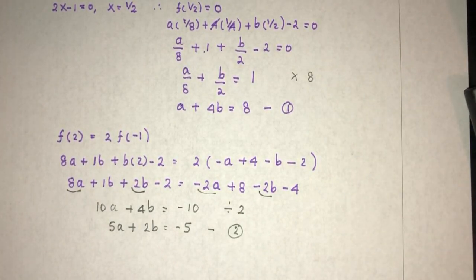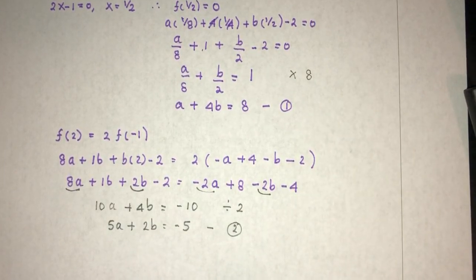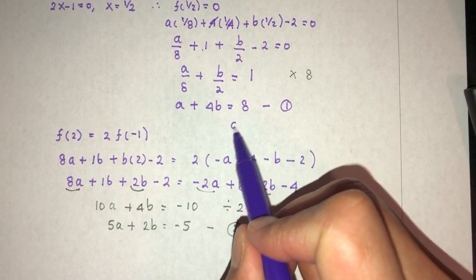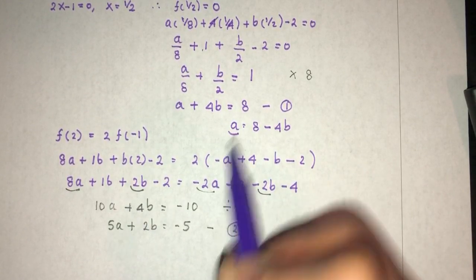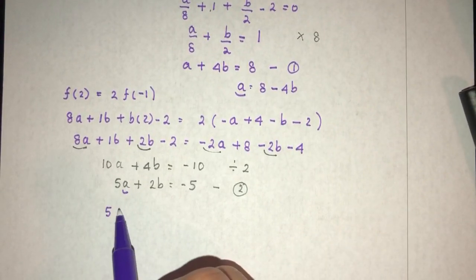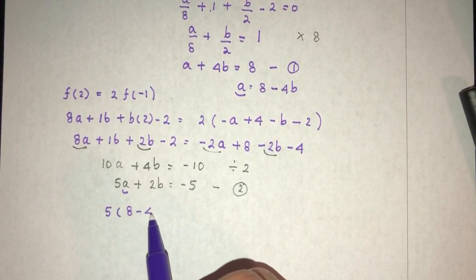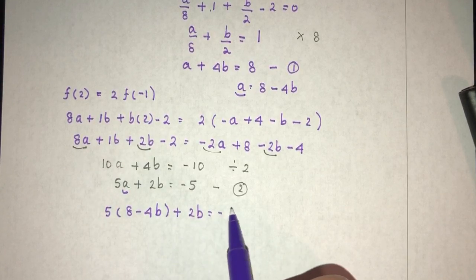Okay, so now let's solve these two simultaneous equations. We can make a the subject. You have a will be 8 minus 4b. Replace a in here, you will have 5 times a, which is 8 minus 4b, plus 2b equal to minus 5.